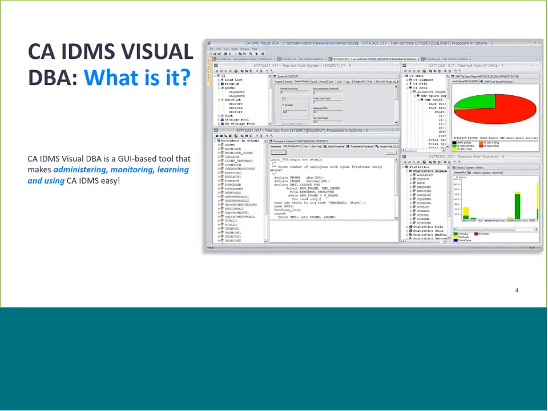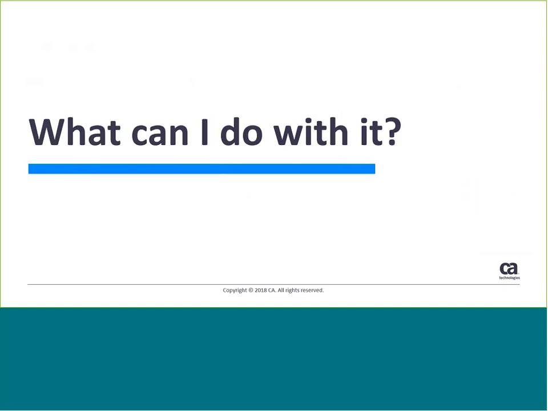So you'll see that you can monitor multiple CVs at the same time, and what we're looking at on the left is the tree setup for Visual DBA and mainly how it's structured. And on the right, you're seeing a couple of different graphs for ways that Visual DBA can present data to you. So if you go right on, please, Sheila. Thank you. So let's talk a little more in depth about what you can do with it.